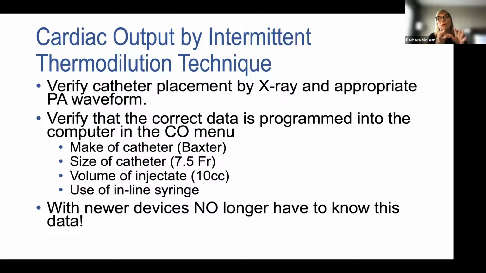And if you're using older methodologies or older monitors, you actually have to put in the make and size of the catheter, the volume and temperature of the injectate, and you're using basically a closed inline syringe. But if you have newer devices, so for us, we'll call that the HemoSphere, that's an Edwards produced tool.